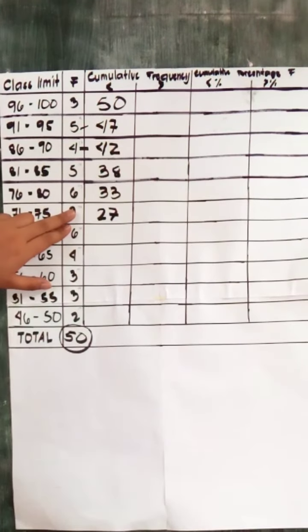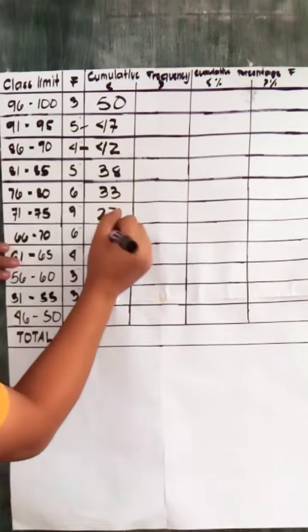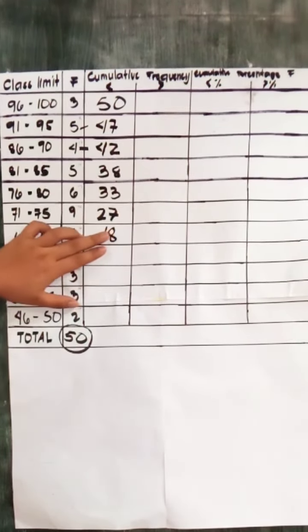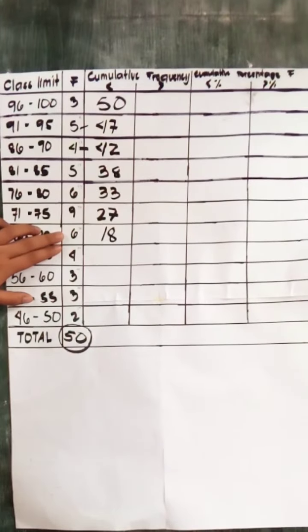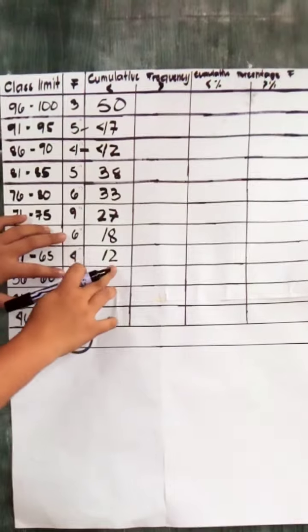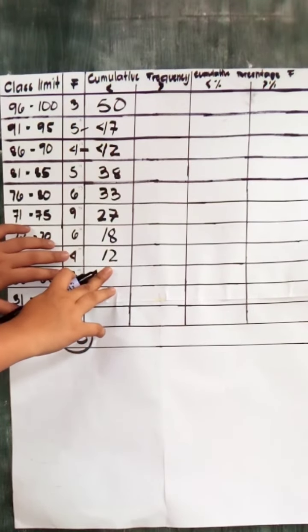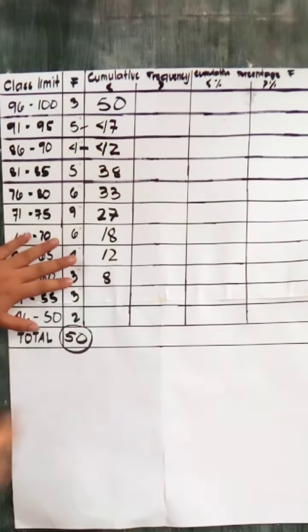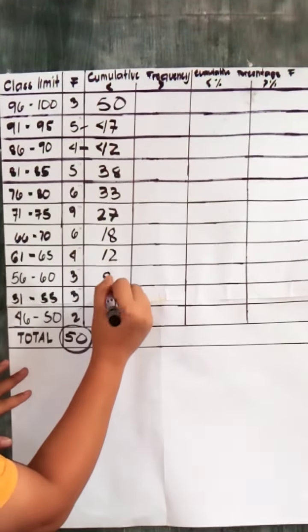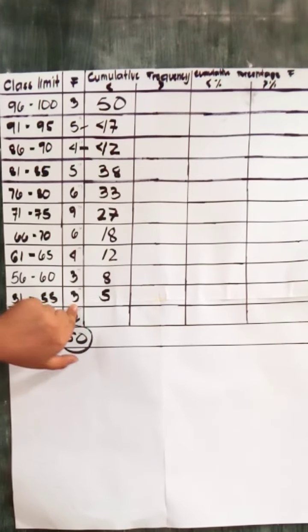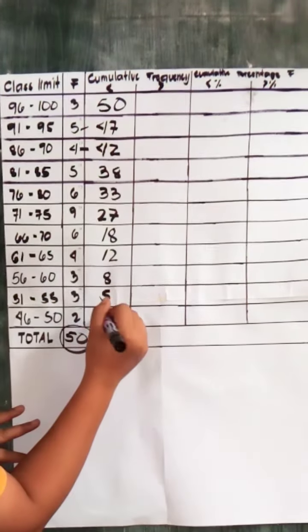27 minus 9 is equal to 18. 18 minus 6 is equal to 12. 12 minus 4 is equal to 8. 8 minus 3 is equal to 5. 5 minus 3 is equal to 2.